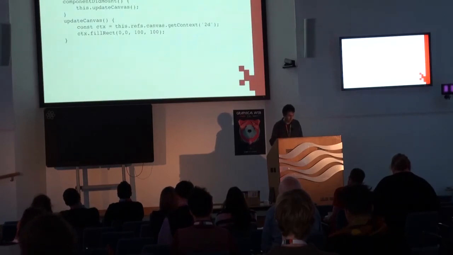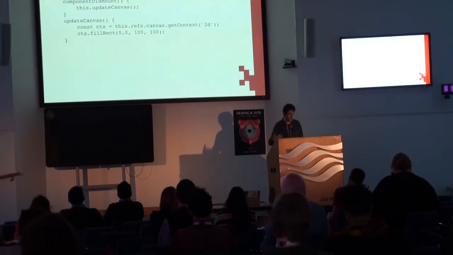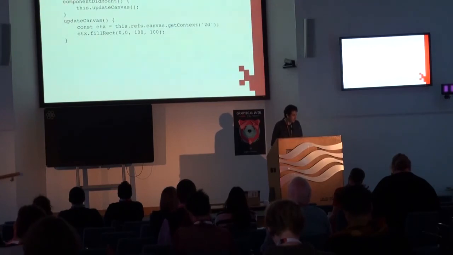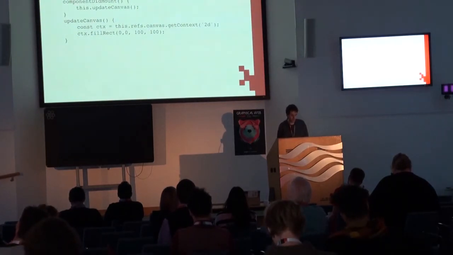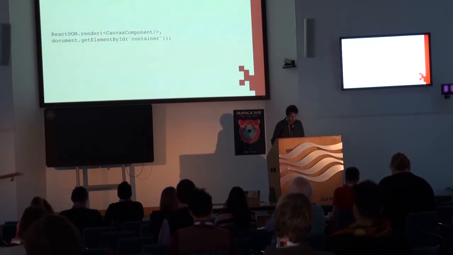Also you have componentDidMount, where you get the canvas when the component mounts, which is very redundant. But this call method updates the canvas, and there's nothing about creating a rect. And you call it this way, rect doesn't render.